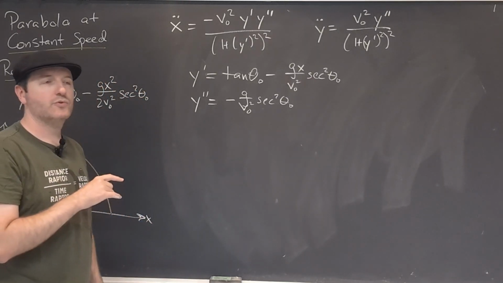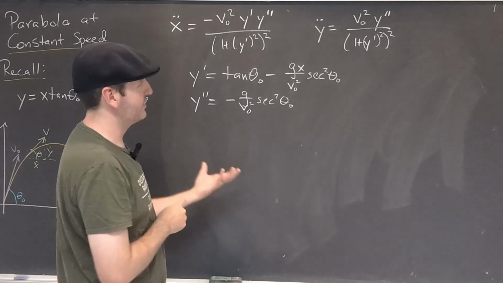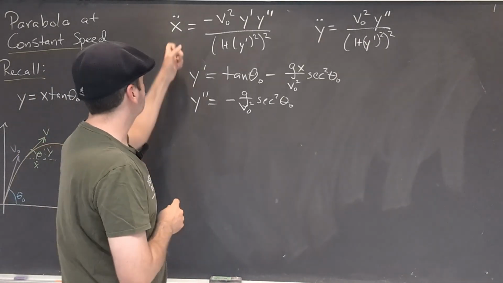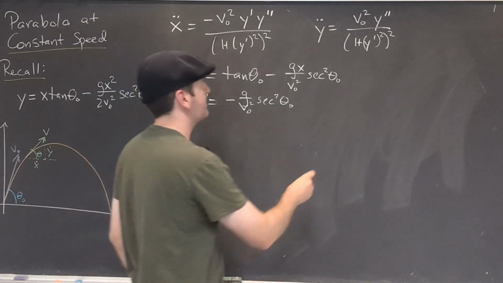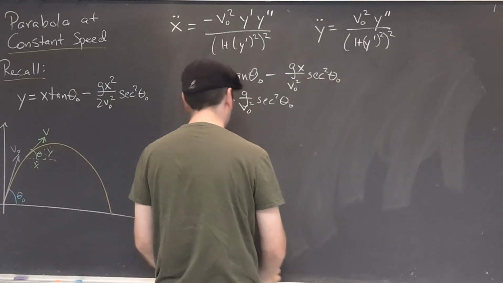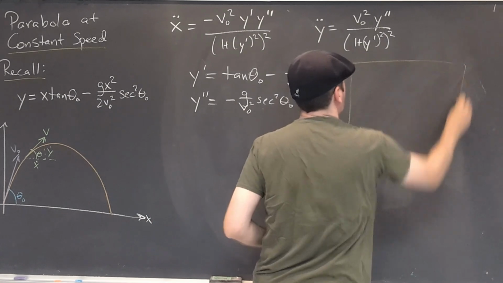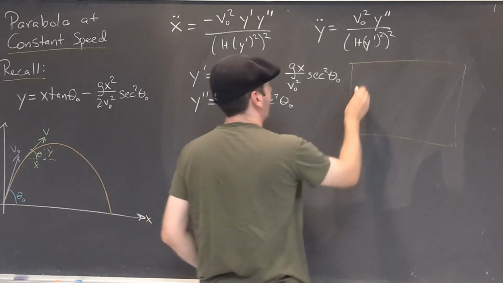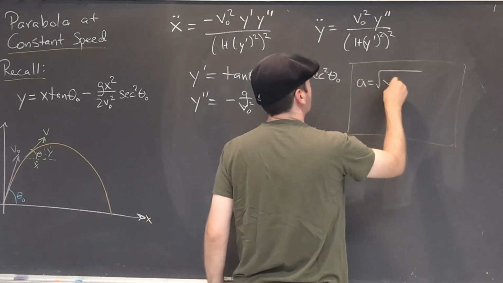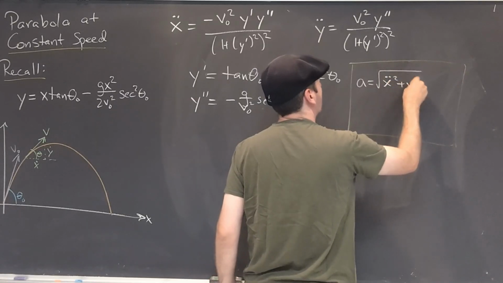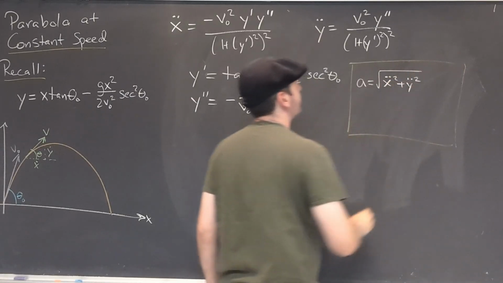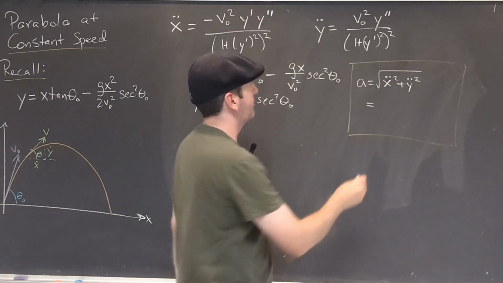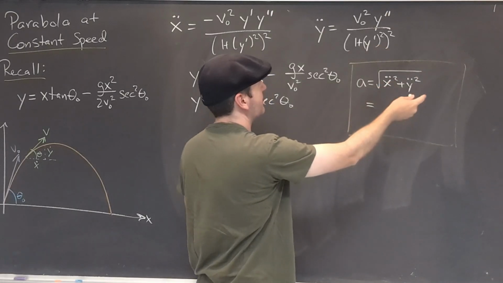I also want to notice that the magnitude of the acceleration, which is the Pythagorean combination of these, maybe I'll set that over here somewhere. So just note that a is the square root of x double dot squared plus y double dot squared. And again, I could write down this common denominator, which is under the square root.